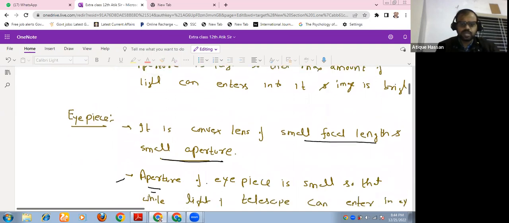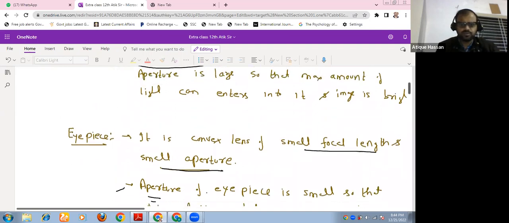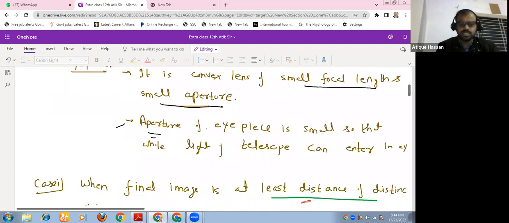Now if you talk about eyepiece, it is a lens of small focal length and small aperture. Aperture of eyepiece is small so that full light of telescope can enter into the eye. And obviously if the eyepiece will be of larger dimension, then it will not match with the dimension of the eye also. Getting my point?